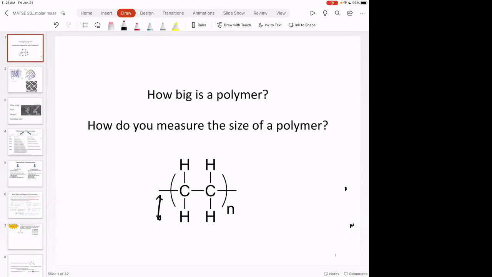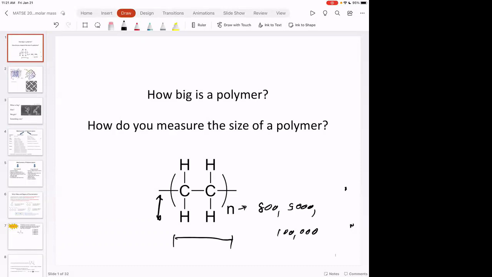It's really small. But how long is a polymer chain? Or how long can it be? Very, very long. That's right, especially for a molecule. Because what can N be? What are some reasonable values of N for polymers? 800, 5,000, 100,000.